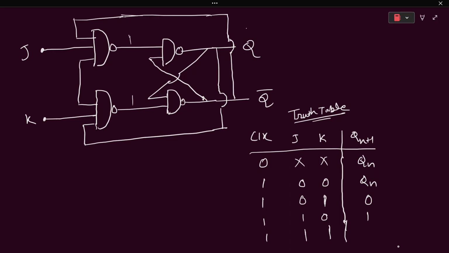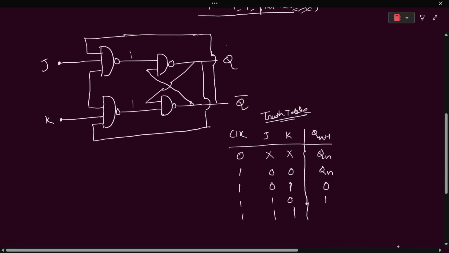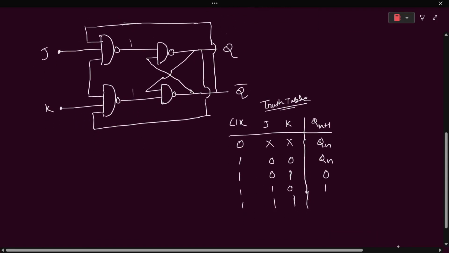So how will we overcome that through the JK flip-flop? Now we will see. Let's minimize it a little bit and understand it properly.